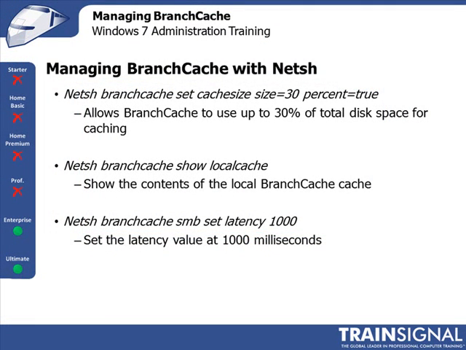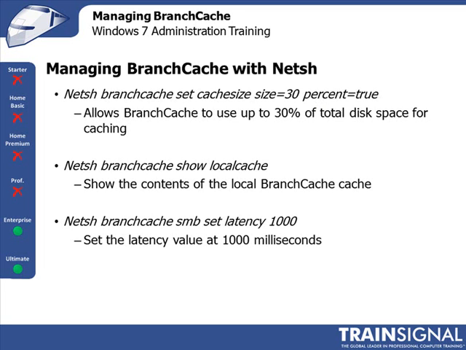And here's a couple of other commands I'd like to go over with you as well. The first command sets the cache size, and this is how much of the disk space that's going to be used by branch cache. Now the syntax here can be tricky, so let's go over this one first. NetSH branch cache set cache size equals 30, percent equals true. If you don't put the percent equals true, it will set your cache size to 30 as well.